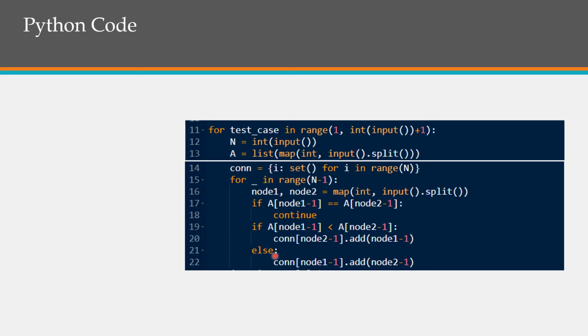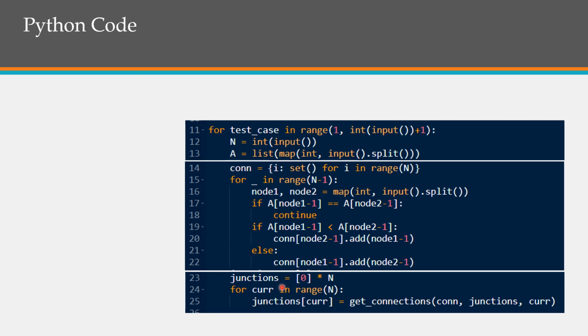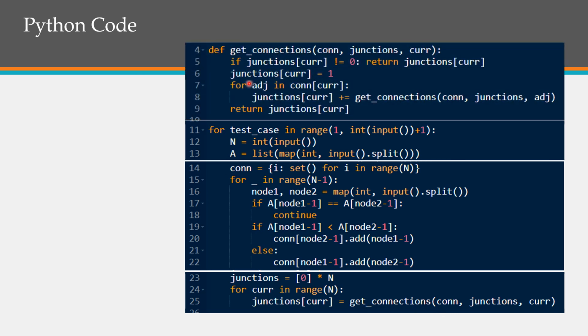And after this, here we have the first list which we discussed in the previous slide, okay. Now we have to create a second list, let it be 0 initially, 0 times the number of junctions, and for every particular junction let us get the number of indirect connections using a function, and here we are using recursion, okay.